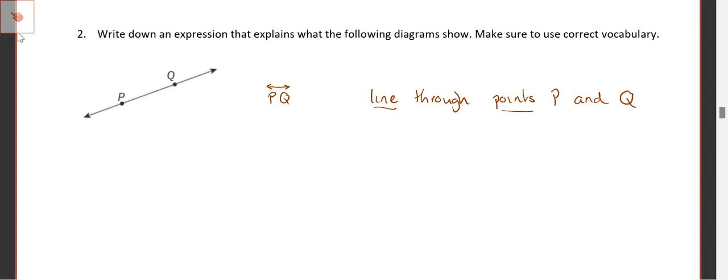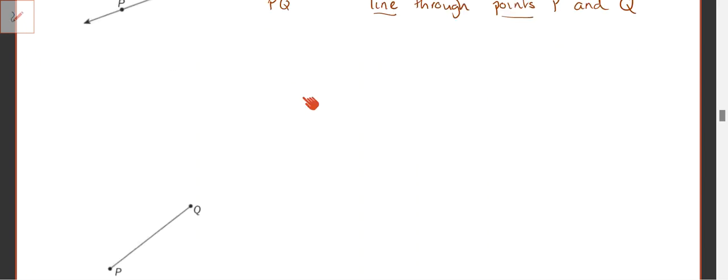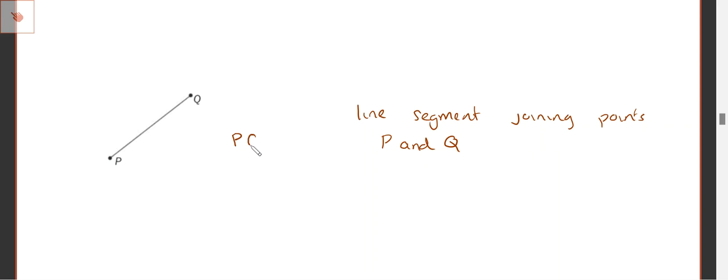Right? You're going to do the next one, okay? The next one is, so we've got line segments. Okay, line segment is the correct term, not just line, it has to be line segment. Joining points P and Q, or we write it as P, Q with a line with no arrows. Okay.